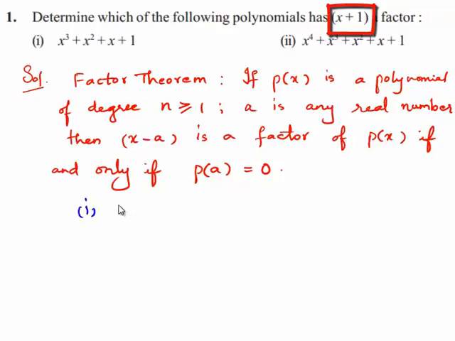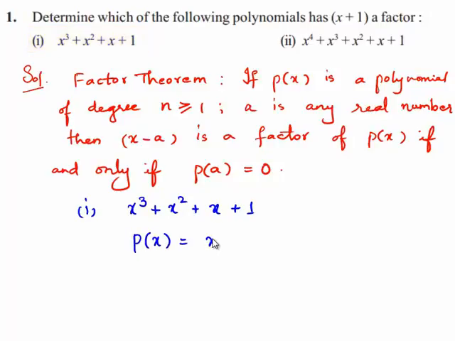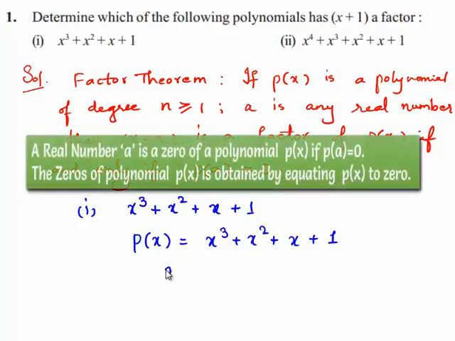So the first polynomial is given as x cube plus x square plus x plus 1. So we can write it as p of x is equal to x cube plus x square plus x plus 1. And the given linear polynomial is x plus 1. So first equate the given linear polynomial x plus 1 is equal to 0.